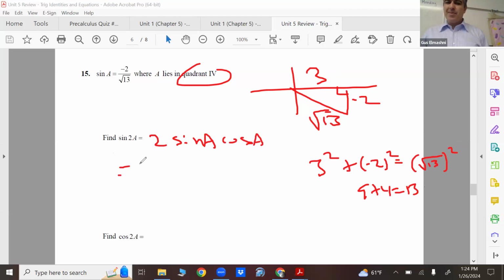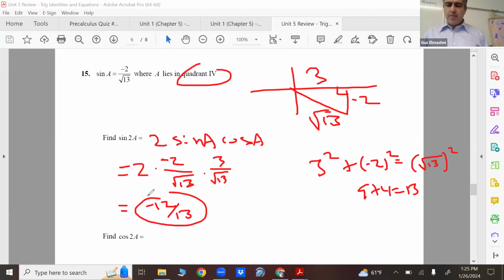Yeah, I imagine you guys are going to rock this test. 2 times -2 over root 13 times 3 over root 13. And just combining, you should get -12 over 13. Yep. Should be fine, right? You have plenty of others to practice.